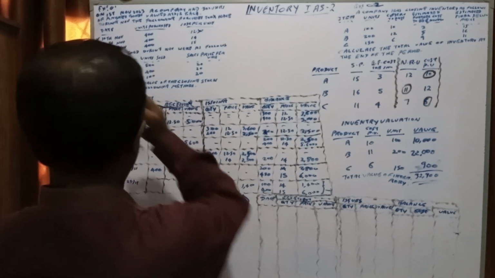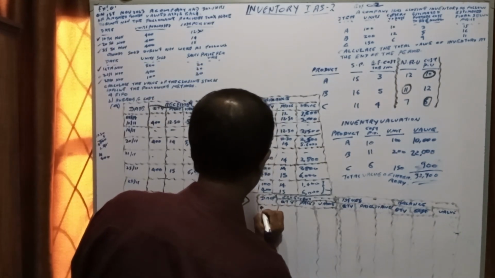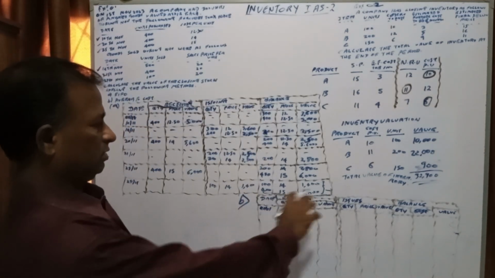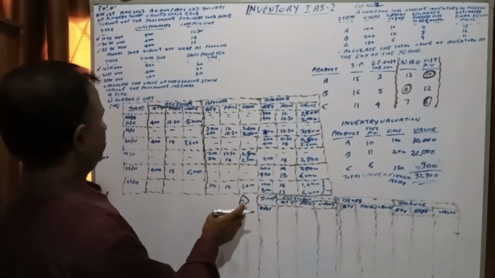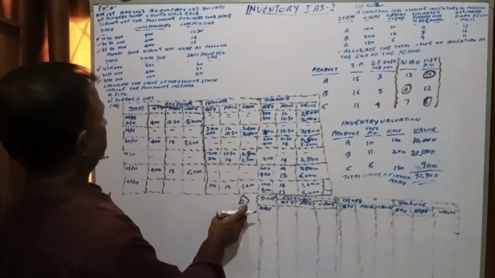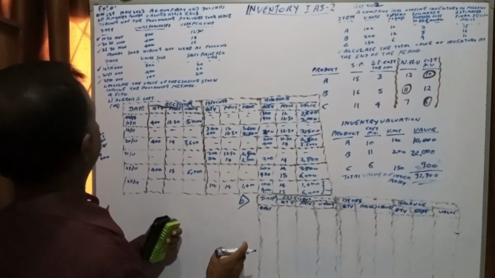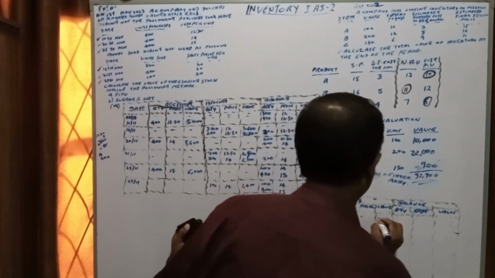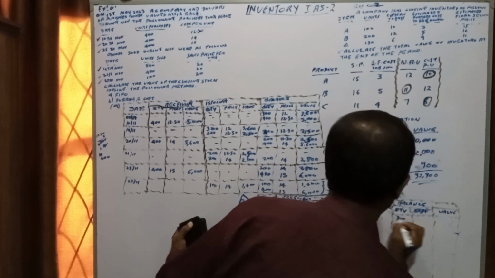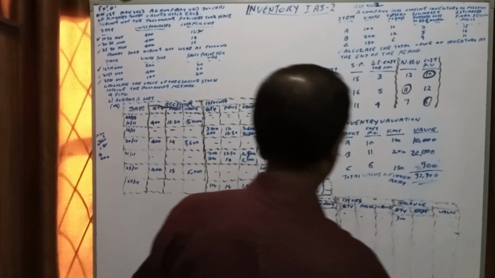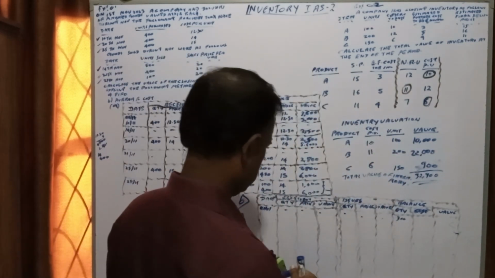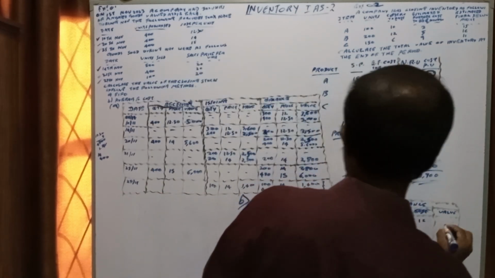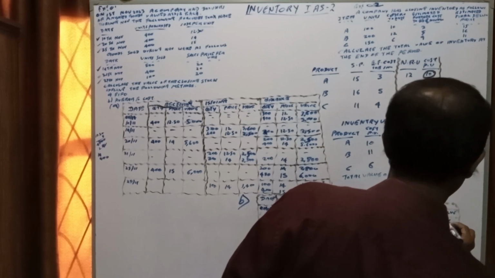Under the weighted average method, 1st of November, in part B, we are answering for the weighted average method. On 1st of November, there is an opening balance of 300 units at the rate of 12, that is 3,600.